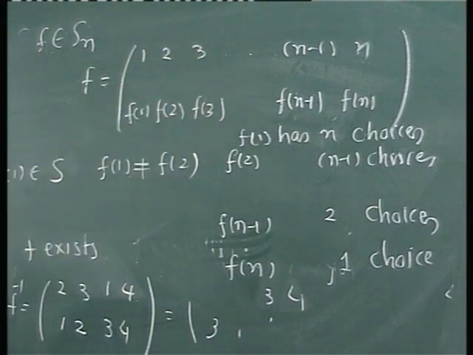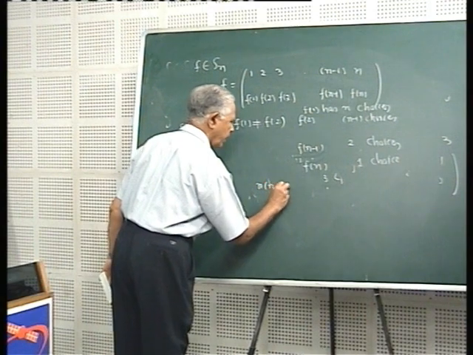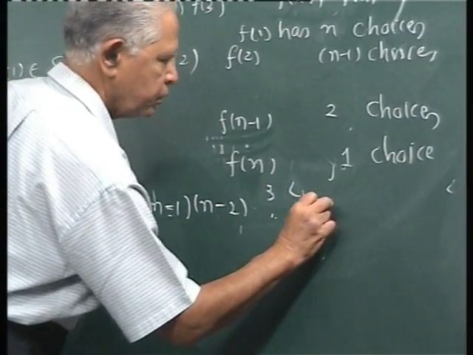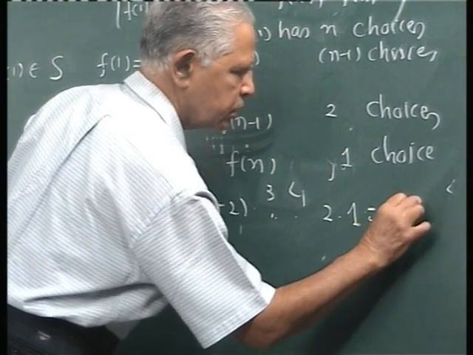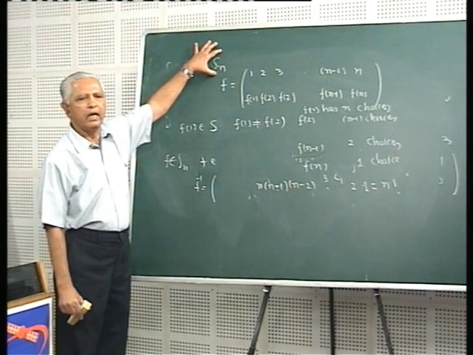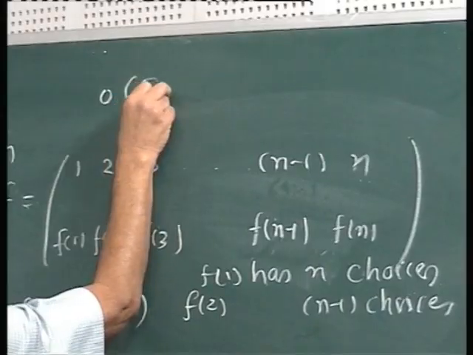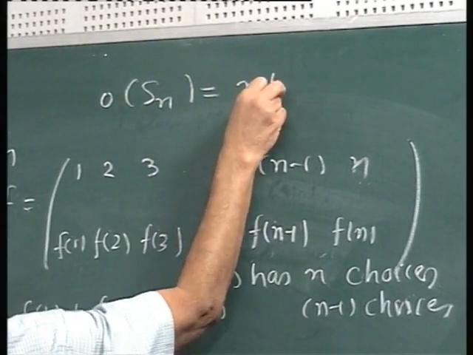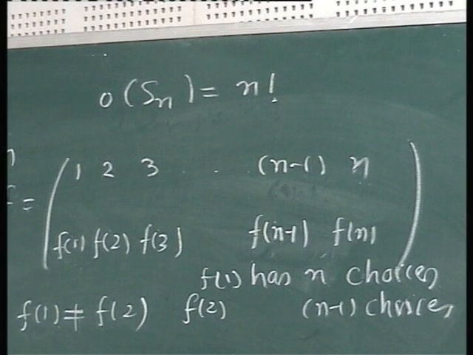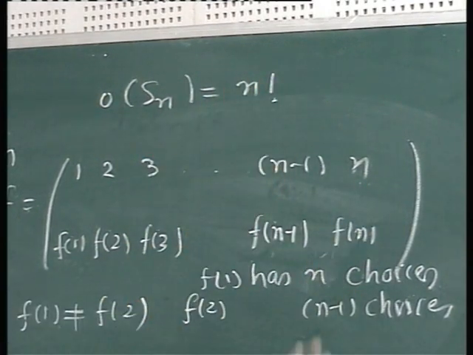That means the total number of choices for f will be n times n minus 1 times n minus 2, up to 2 times 1, and that is equal to n factorial. This says that our group S_n is finite, and not only finite, but the order of the group S_n is equal to n factorial. So if you take n equal to 4, then group S_4 contains 4 factorial, that means 24 elements. This is the general part about the group S_n.